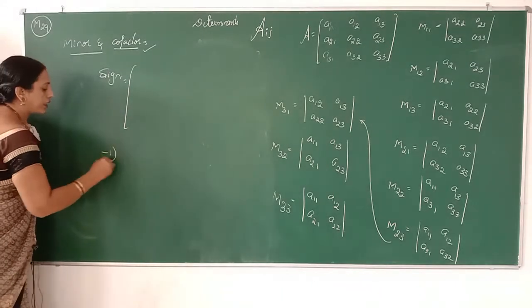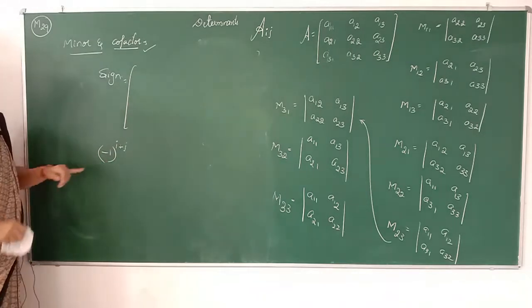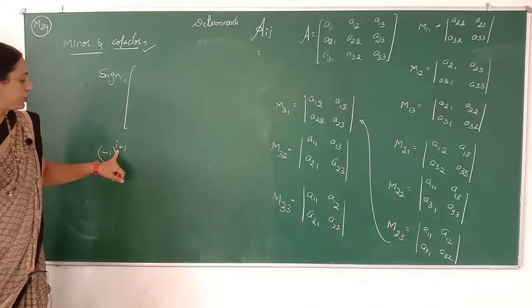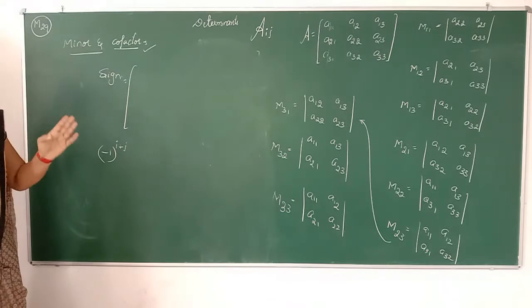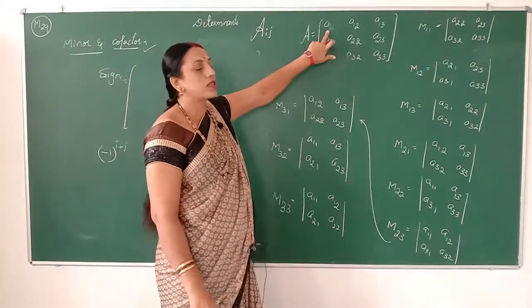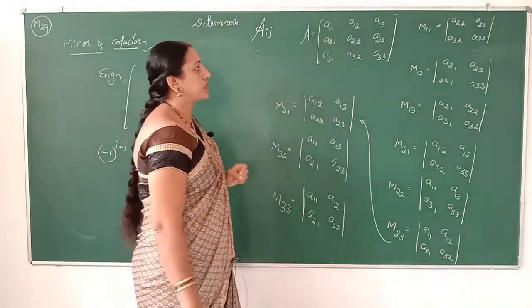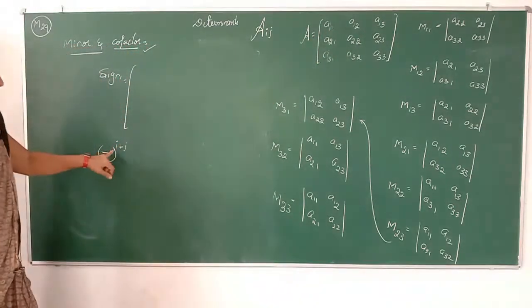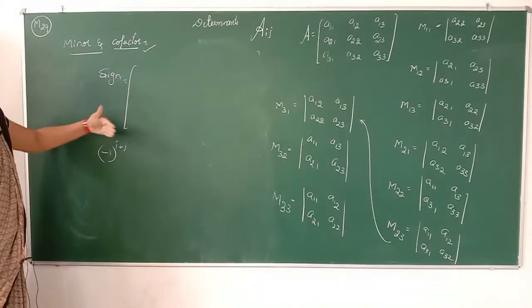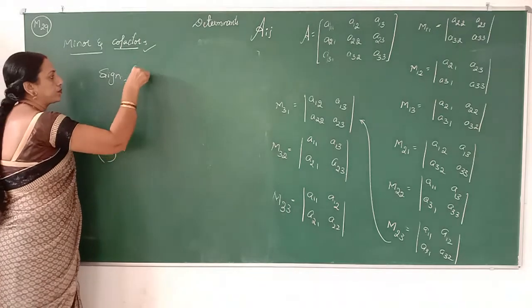The sign is generally defined by minus 1 to the power of i plus j, where i represents the row and j represents the column. For the first element, 1 1, i is equal to 1 and j is equal to 1. So 1 plus 1 is 2, and minus 1 to the power of 2 is positive.